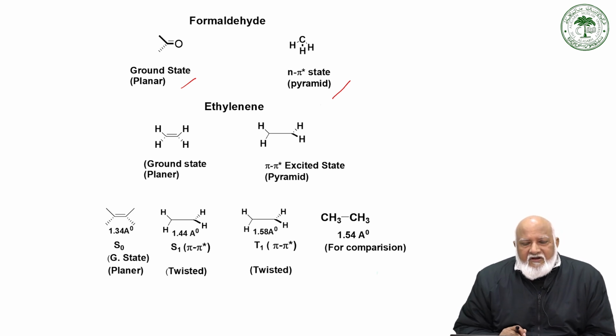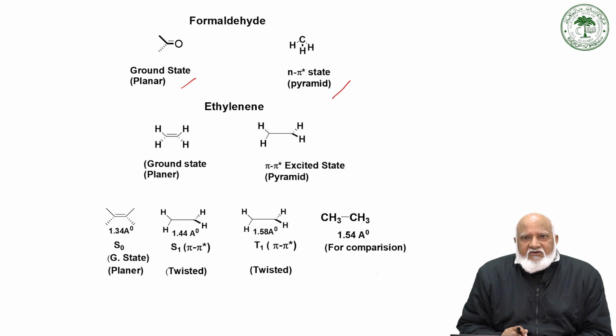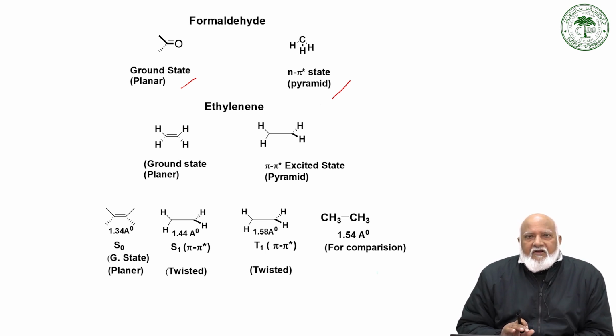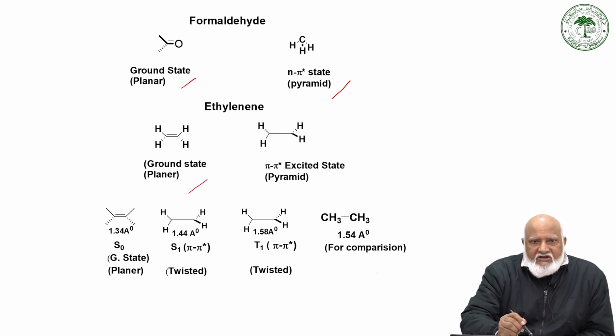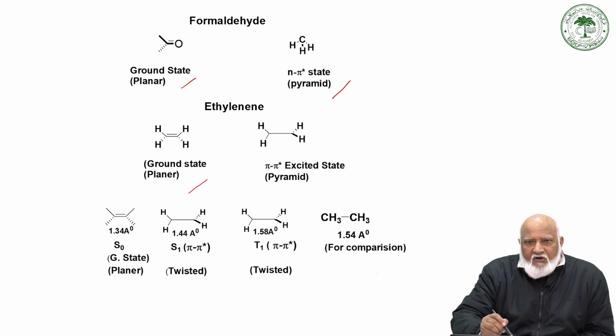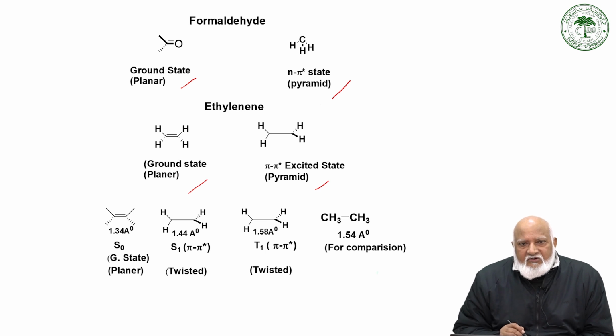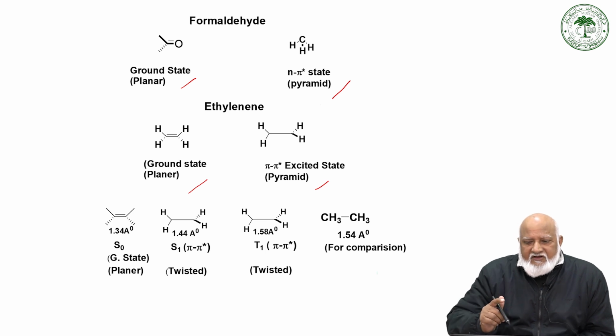So what I would like to mention here is that molecules in the excited state also undergo structural changes. Similarly, the alkene is planar in the ground state. On absorption of light it can undergo a pi to pi star excited state. It also undergoes structural changes, and planarity is lost to a pyramidal structure.